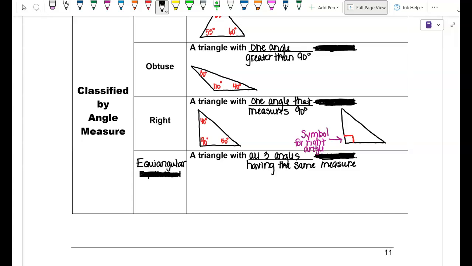So we're going to find out that an equiangular triangle does go hand in hand with an equilateral triangle. The equilateral had all three sides congruent. The equiangular has all three angles congruent.